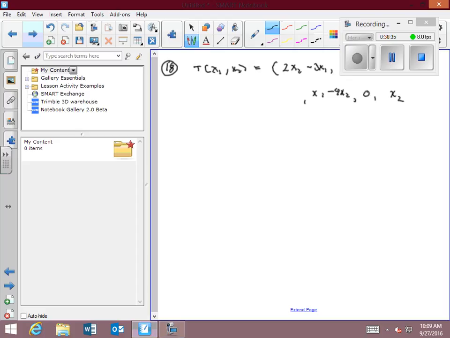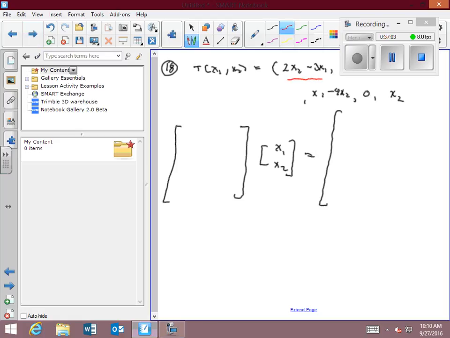So in essence, what they're doing for you is they're telling you this, that you have something here that you're multiplying by x1, x2. It's giving you, now that first one, this one right here, I would write it 3, negative 3x1 plus 2x2.